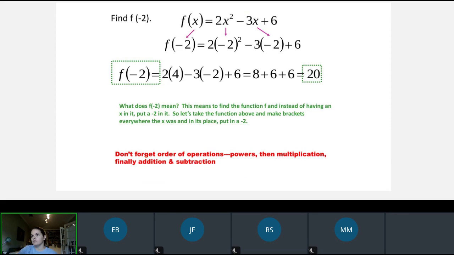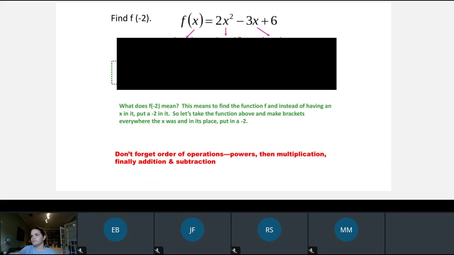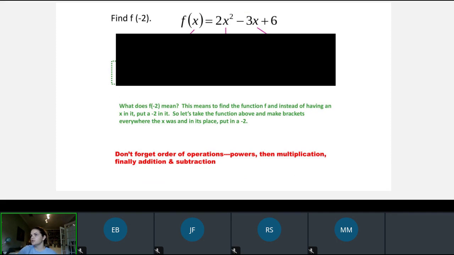Alrighty, so now what I want you to do is we have our original function, 2x squared minus 3x plus 6. This is the same equation or function we had last slide, but now we are going to be finding f of negative 2. So what does f of negative 2 mean?